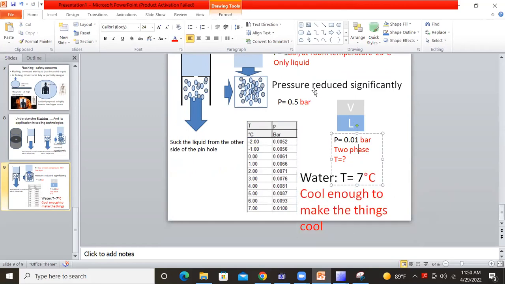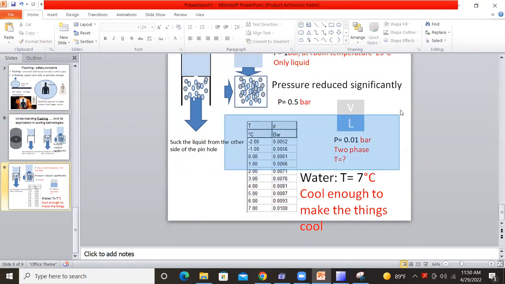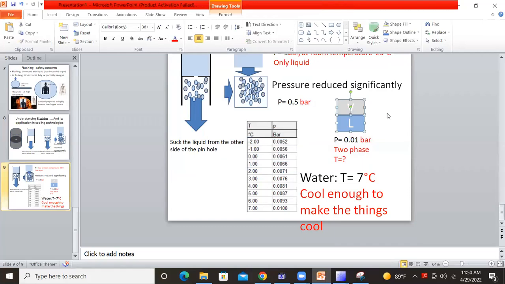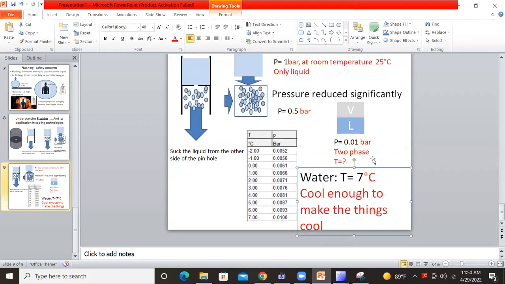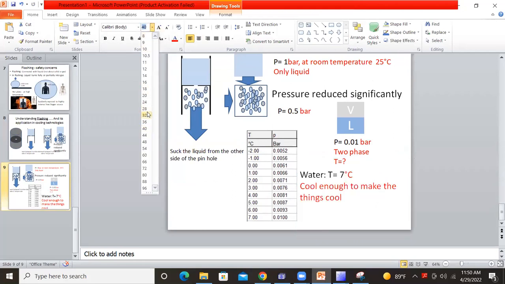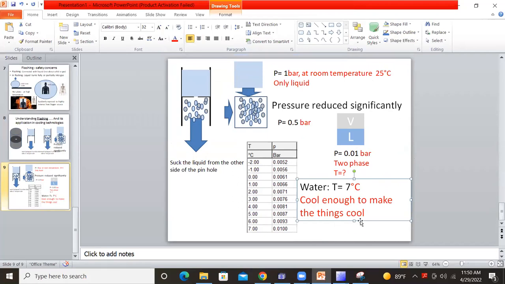Now the technologies are coming using water for refrigeration. Interesting. So then, if we have this technology, we can apply.